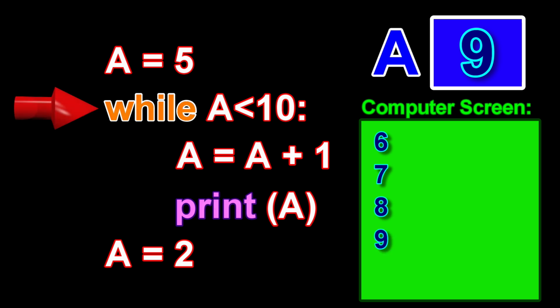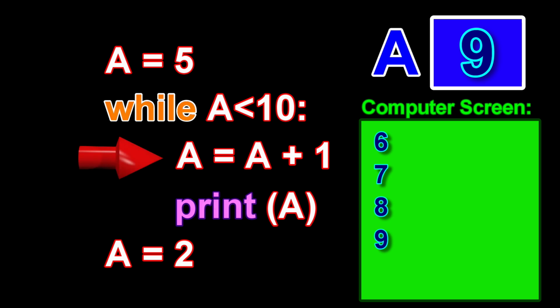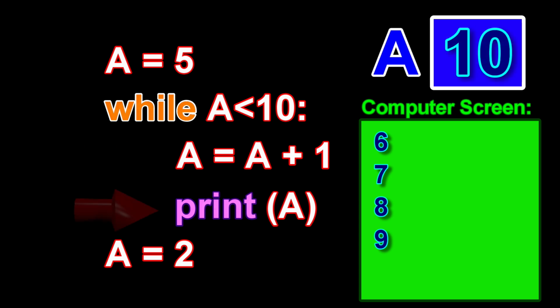Let's consider what happens on our 5th time around the loop. The statement a equals a plus 1 changes the value for the variable a from 9 to 10. The statement print a displays 10 on the computer monitor.